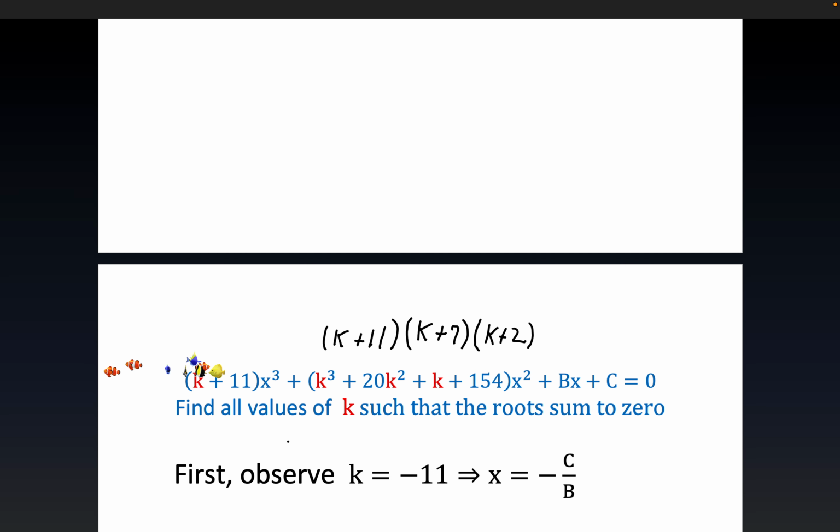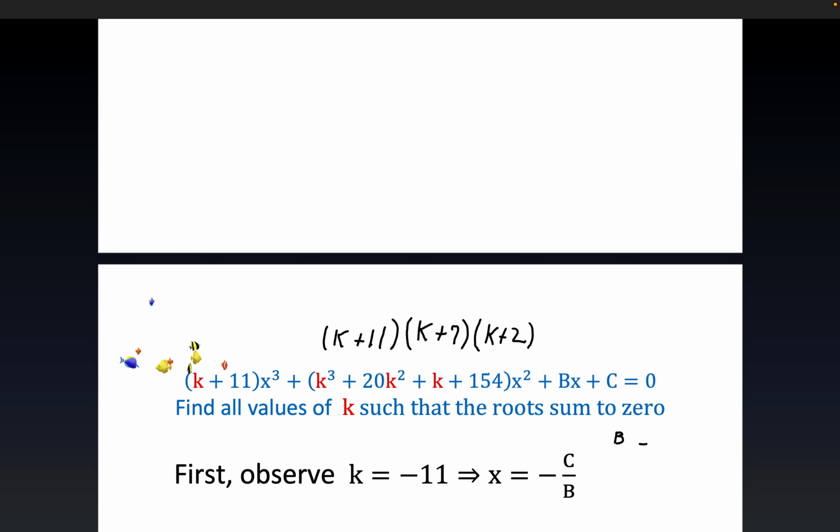Now, one thing to do to get this going in terms of trying to eliminate some possibilities: notice that if k is equal to negative 11, both of these terms vanish, and you just have bx plus c is equal to 0, and we get x is equal to minus c over b. So of course b can't be equal to 0. In this very special case, we're just talking about k equal to negative 11.